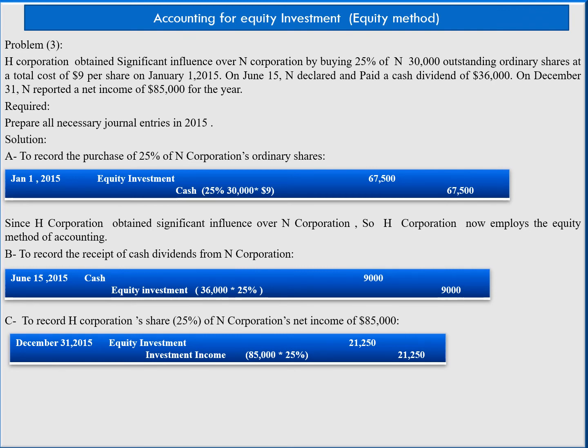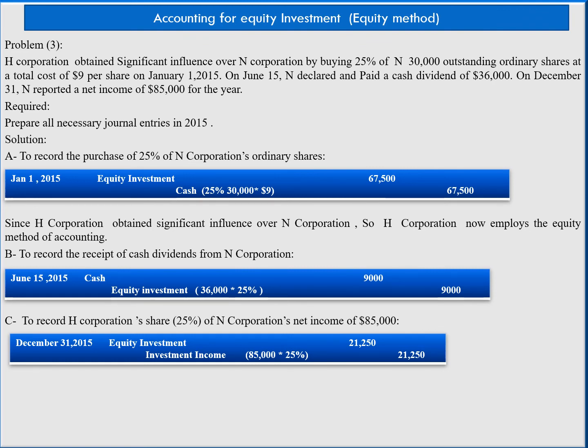Let's take the problem to understand. H corporation obtained significant influence over N corporation by buying 25% of N's 30,000 outstanding ordinary shares at a total cost of $9 per share on January 1, 2015. What does this mean?